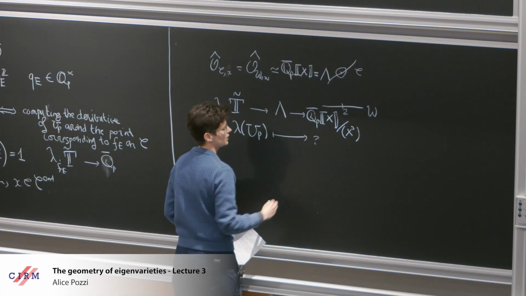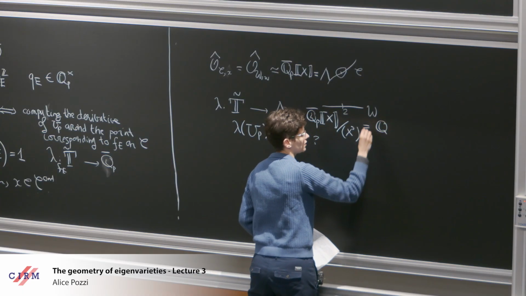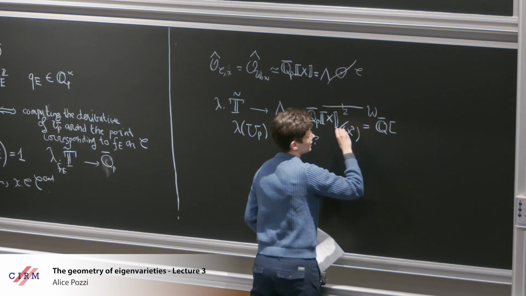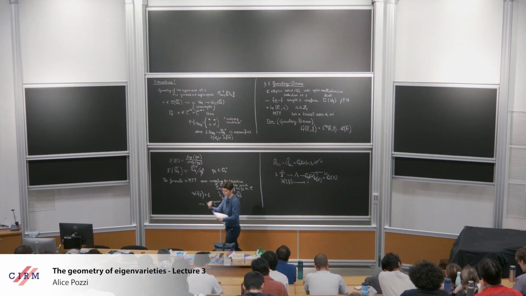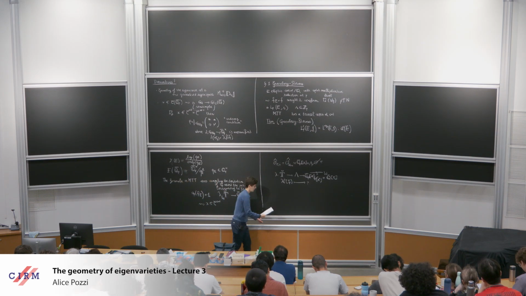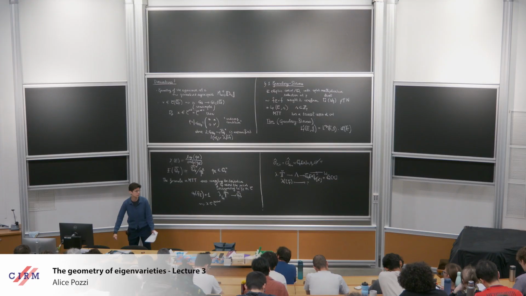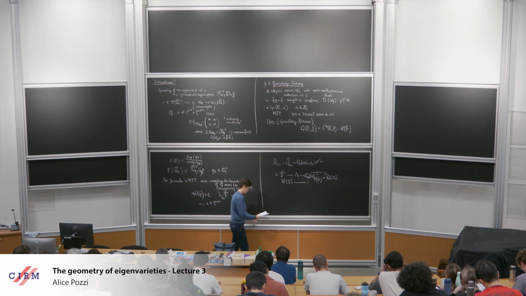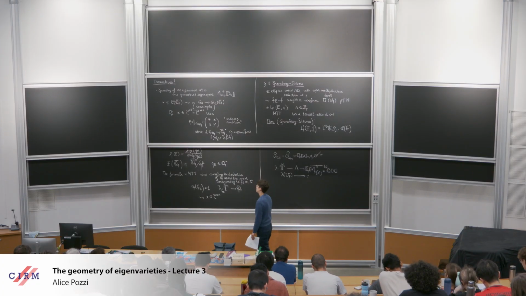Inside here, I'm going to call this variable epsilon to just emphasize that I'm working infinitesimally here. Okay? And now we want to use this connection with Galois representations that we've established. So this is the big idea in the proof of this result.